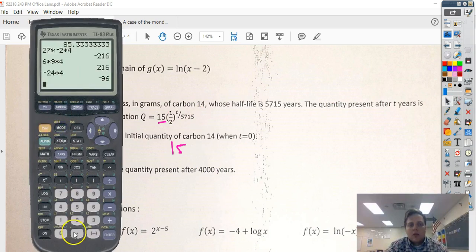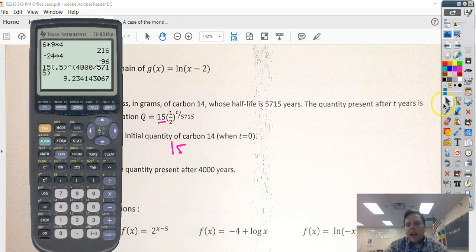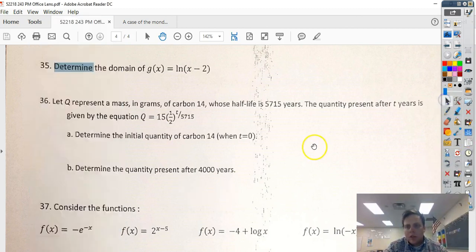So I'm going to say 15 times 0.5 raised to the 4,000 divided by 5715. Press enter. And I get 9.23. 9.23 grams. Alright.